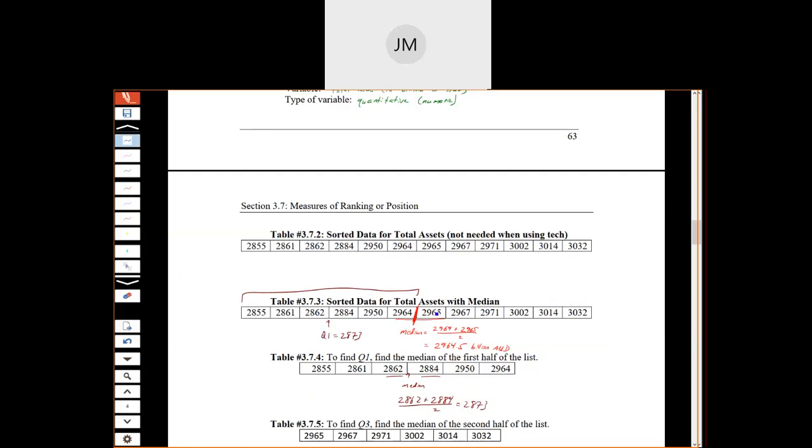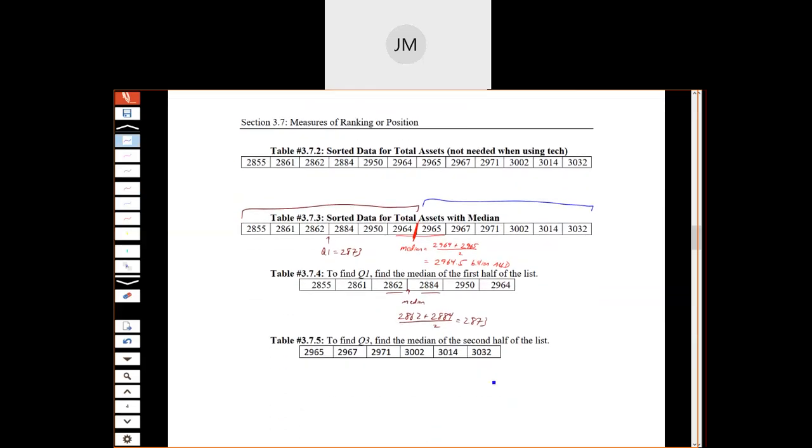Likewise, if I look at the top half of the data set, I can think of that as being its own data set, and then I find the median of that data set. Here's the median. Again, I have to average these two values: 2971 plus 3002 divided by 2.